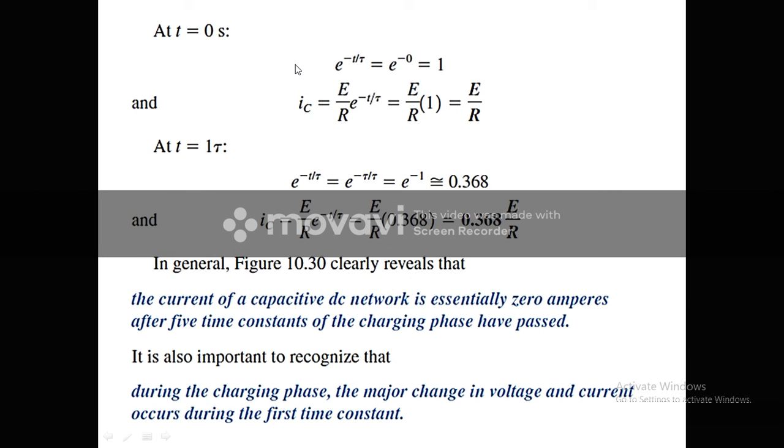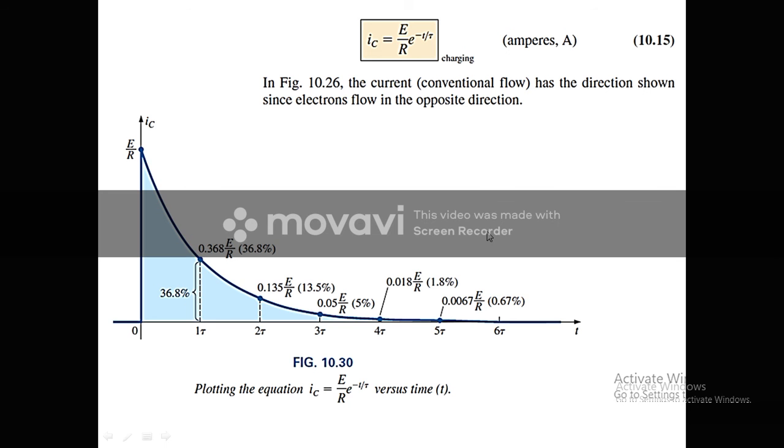Now at t equal to 1 tau, the current is reduced to 0.36 very rapidly, as the charging of the voltage is very fast, so the discharge or reducing of current is also very rapid.